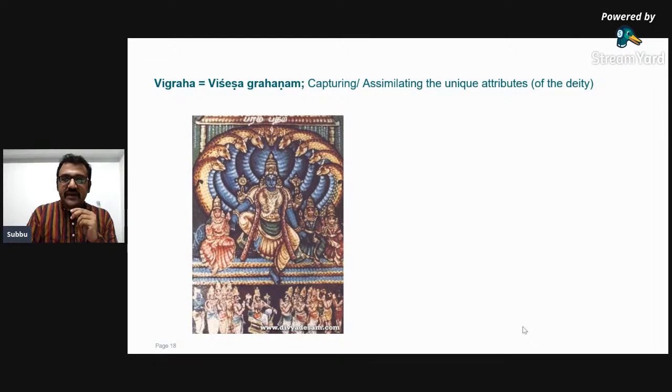So this image is conceptualized of Vishnu in the Paramapadam, in the highest place of Vaikuntham. How Vishnu will be at Vaikuntham, where he is sitting on the Ananta.